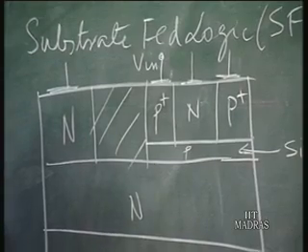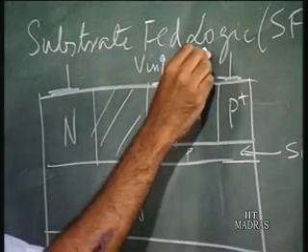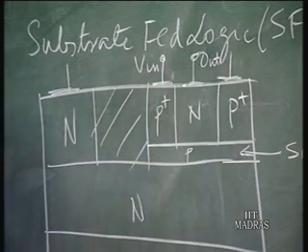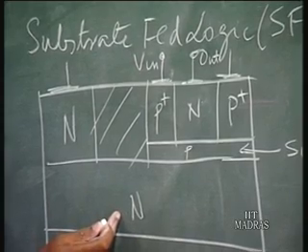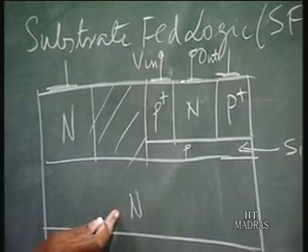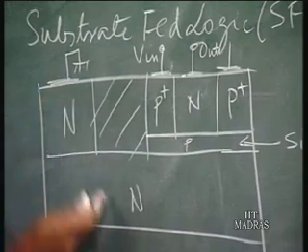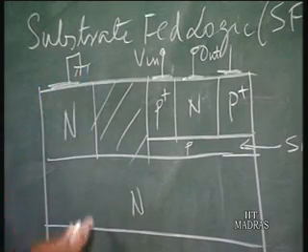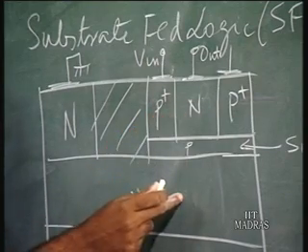For this transistor, this is the output, this is the collector, and this is the emitter of the NPN transistor. So this is grounded. This is basically the contact for this point, and on this side you have taken the contact for this point. So this is the NPN transistor.